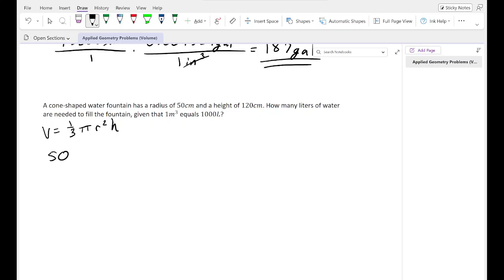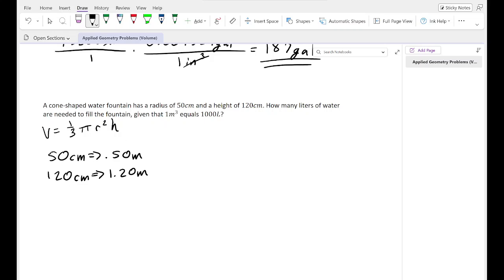So 50 centimeters is going to end up giving me 0.50 meters, and 120 centimeters is going to give me 1.20 meters. Again, just move the decimal over 2 spots or divide by 100 on both of them.